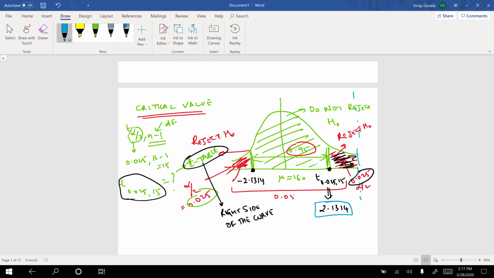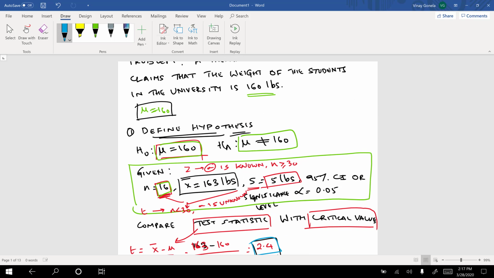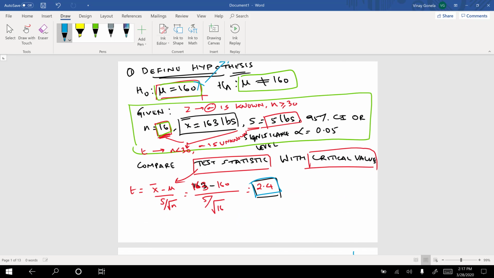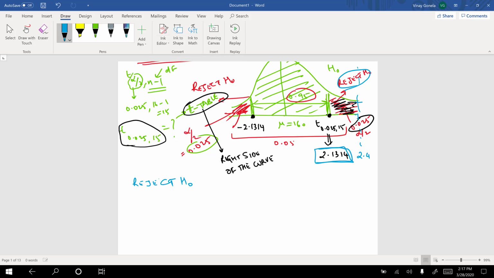It will be on the right of 2.1314, so that means it lies in the rejection region. So we are rejecting H null. What it means is the president's claim is false because we are rejecting that claim. So this would be reject.